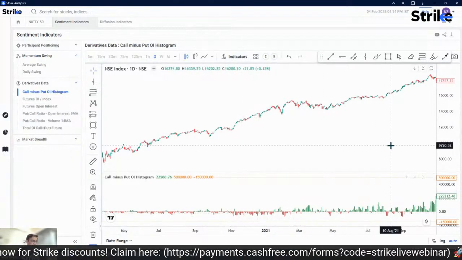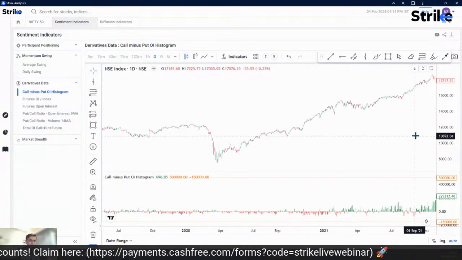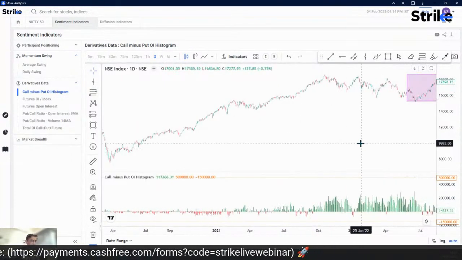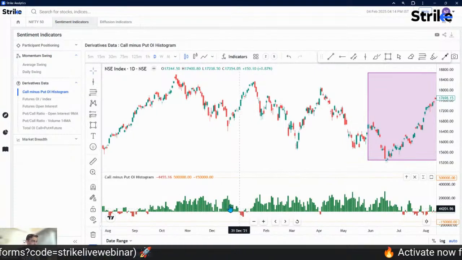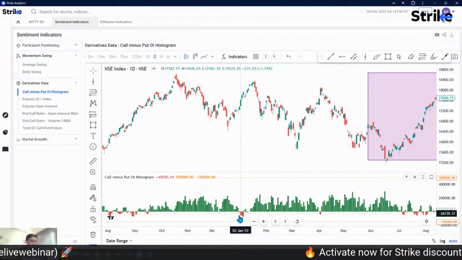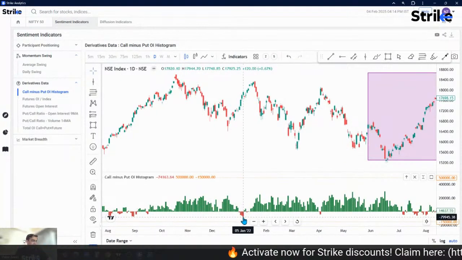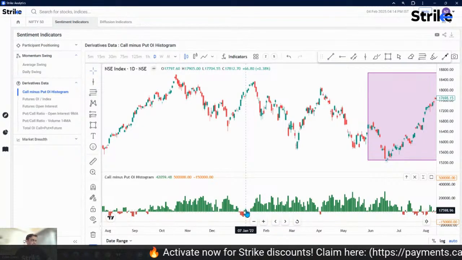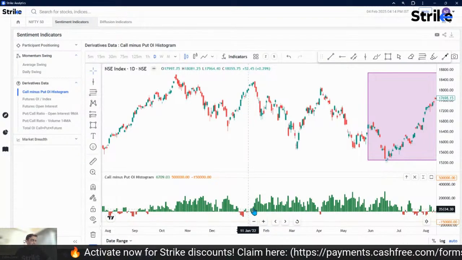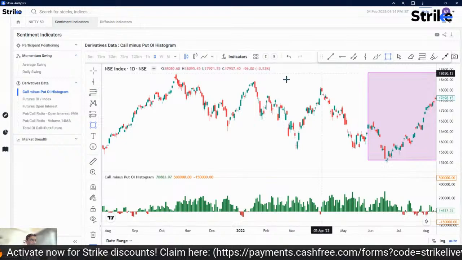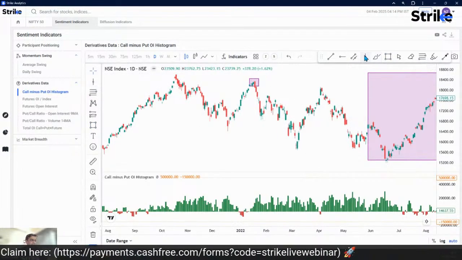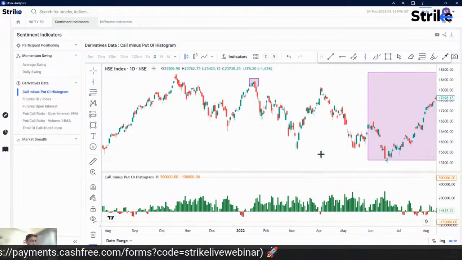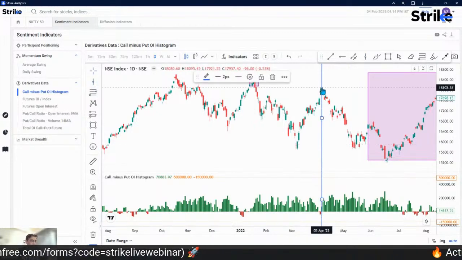But after September 2021 or something, there were very few instances when this histogram came in red, and as soon as it came in red, it immediately turned into green, and as soon as it turned into green, a top was formed over here.